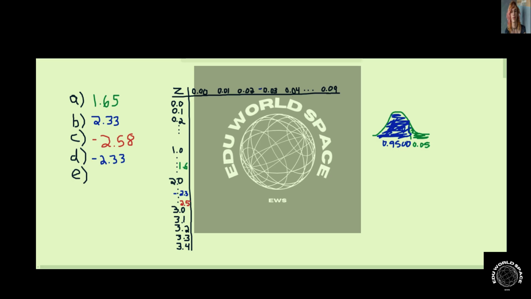And you may recognize this from part A. This will actually be exactly the same as part A. It'll be right in between 1.64 and 1.65.